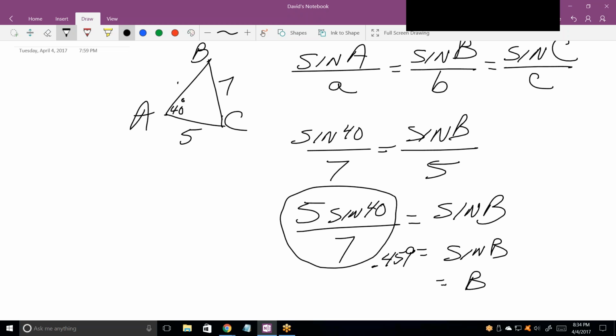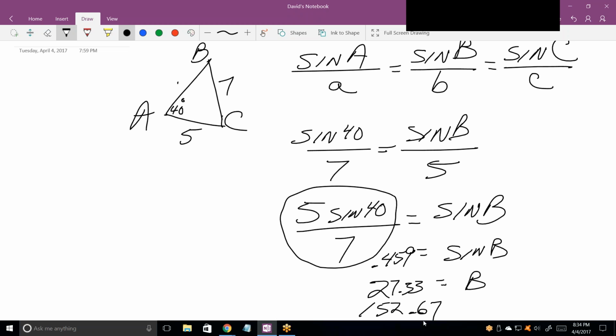It's 27.33. Now, in actuality, B could be one of 2 different angles. It might also be 152.67, because the sine is positive in both the first and the second quadrants.